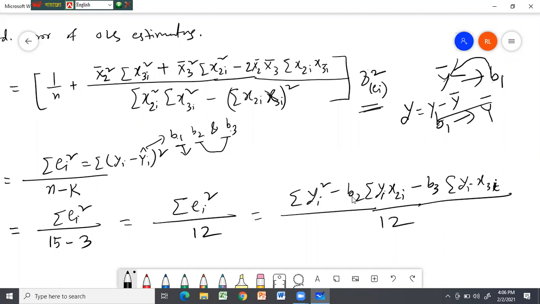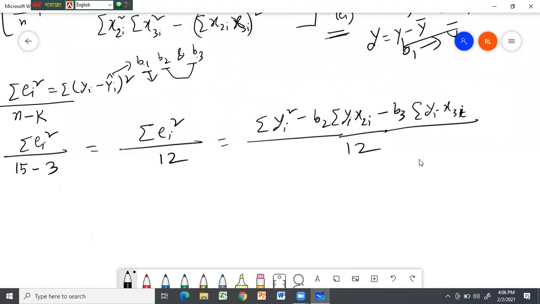So I am showing the derivation of this formula, see and you will understand why sum of ei square is equal to this one, how this formula has been developed and why there is no b1 in this formula. So we know that sum of ei square is equal to sum of yi minus yi hat, squared.